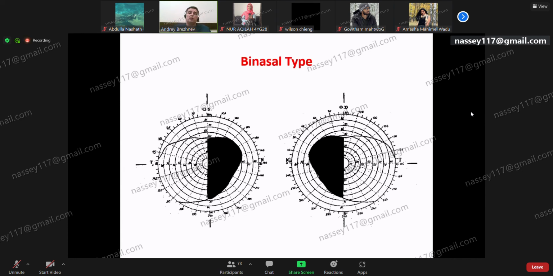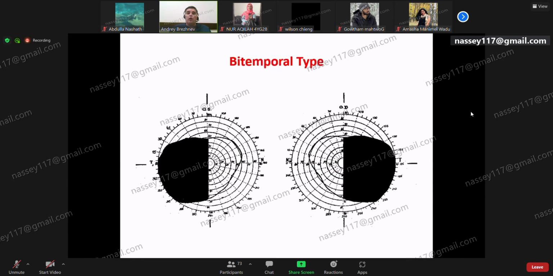This is damage of the chiasm. And bitemporal is when the patient can see only the central part of his visual field but can't see the periphery. This is also damage of the central part of the chiasm because of, for example, a tumor of the hypophysis.